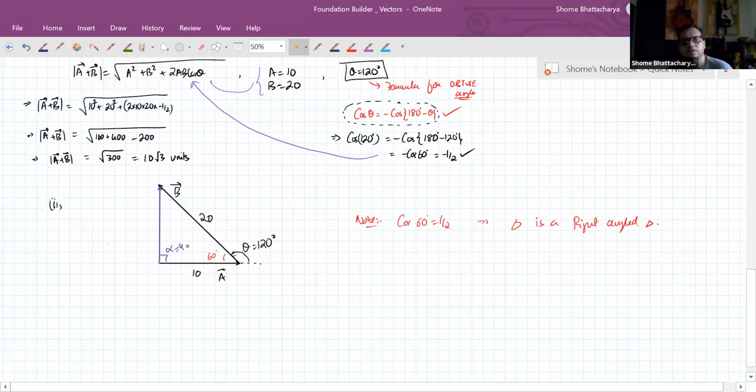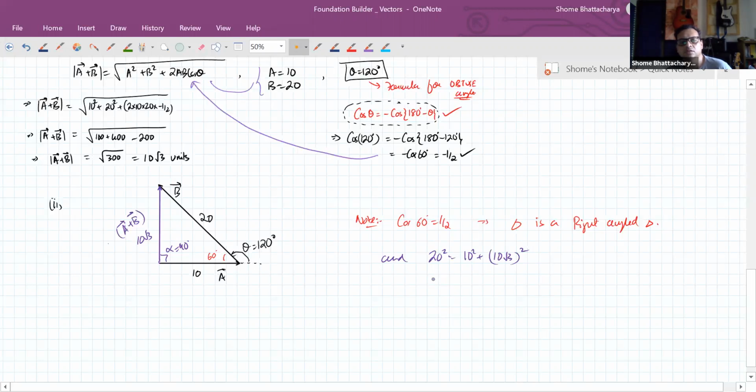So alpha has to be 90 degrees. And the sum of A plus B, or the resultant, has a magnitude of 10 root 3. The same reason why 20 square is equal to 10 square plus 10 root 3 whole square.